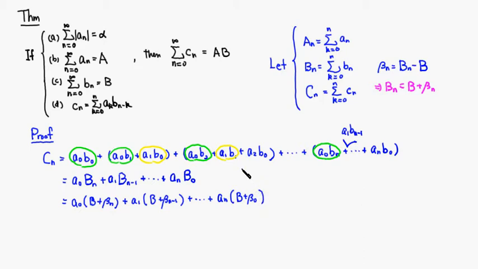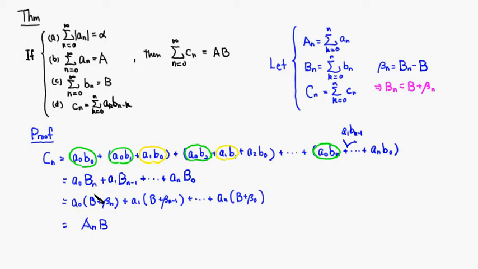Looks like we have a bunch of B's, so I'm going to factor out capital B. Then you see A0 times B, A1 times B, A2 times B, and so on, An times B. If you factor B out, you're going to have A0 plus A1 plus all the way to An. That's just a partial sum of A, so we put capital An.